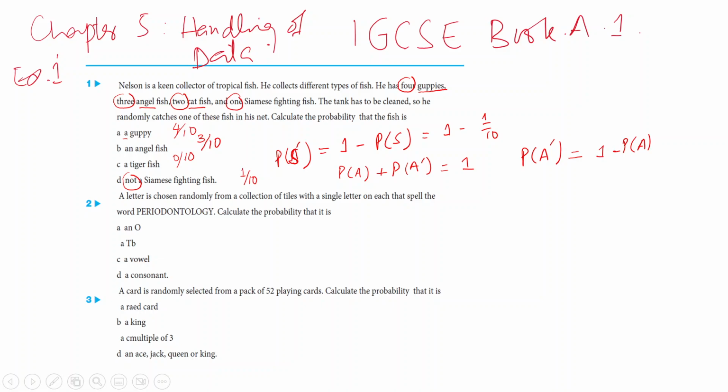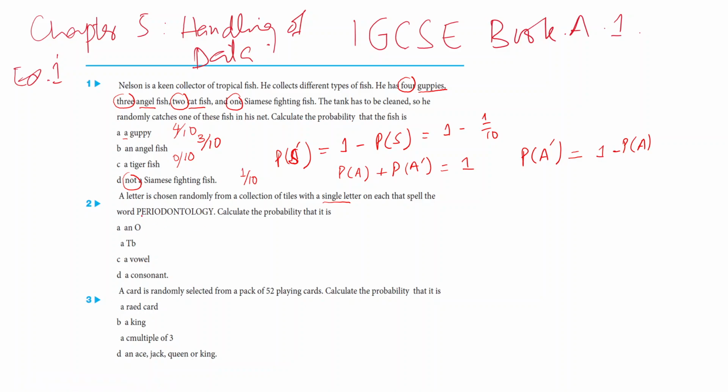And the next question is, a letter is chosen randomly from a collection of tiles with a single letter on each that spells the word periodontology. Calculate the probability that it is an O. So in total how many letters are there?